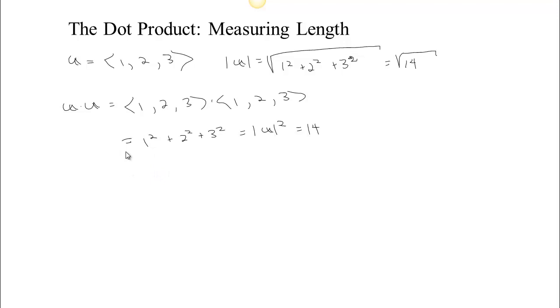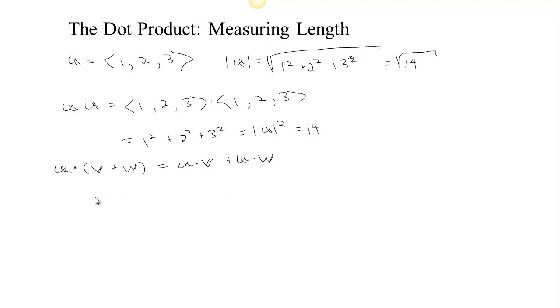Here's another cool thing about the dot product. If you have the dot product of u with the sum of two vectors, v plus w, in parentheses, it actually equals u dot v plus u dot w.